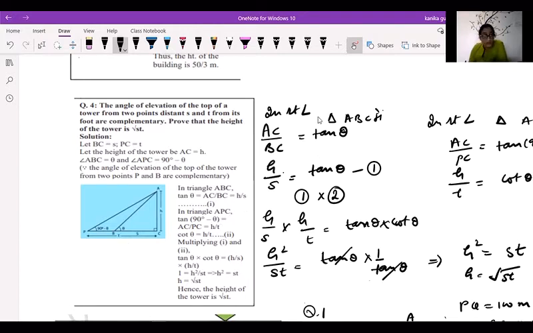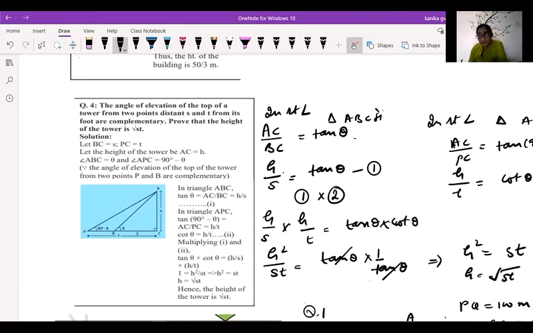Now take the right angle triangle ABC. Now this is AC over BC, perpendicular upon base, that is equal to tangent theta. Now AC is equal to H, and BC is equal to S. H over S is equal to tangent theta.